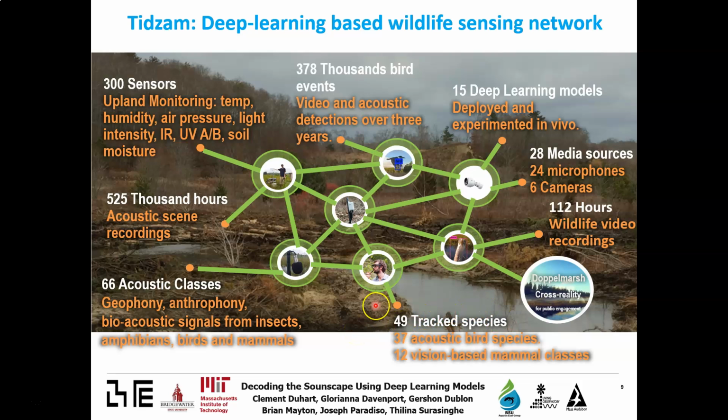Collectively, out of all of those detection systems, the soundscape and the videoscape, right, we have traced about 37 species of birds through acoustic systems, and about 12 different mammal species identified through the video frames. In fact, these counts have slightly increased recently.